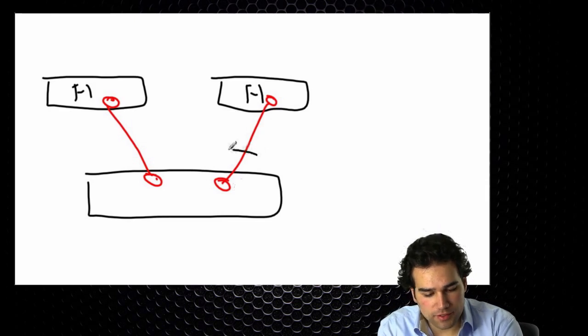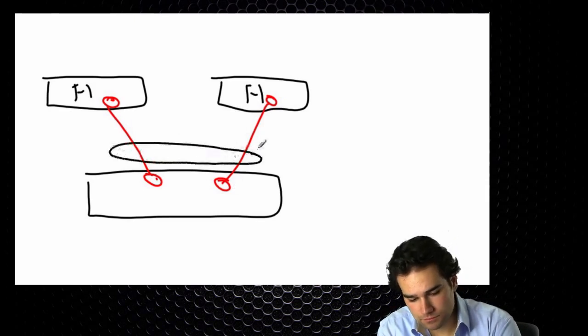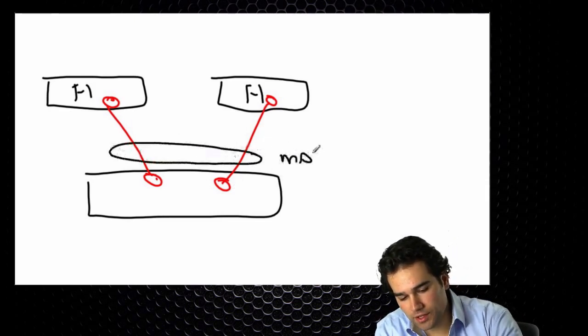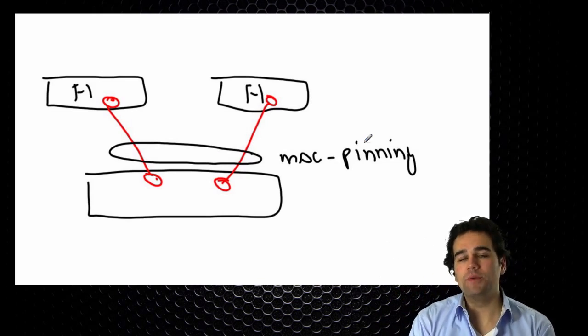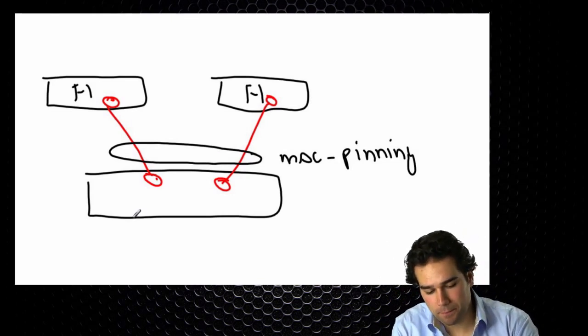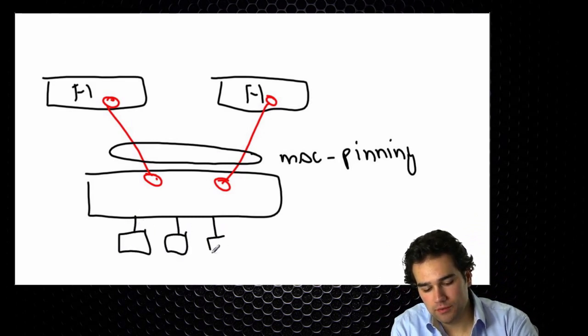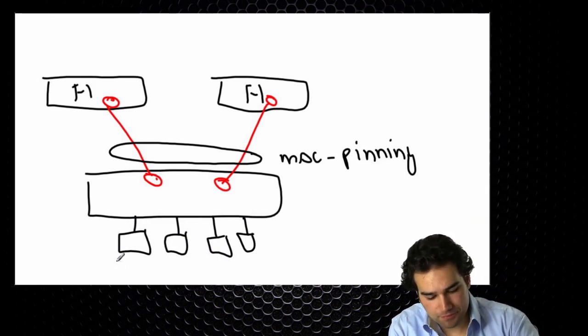What you can do is port channel them together based on the concept of MAC address pinning. So it's not flow-based load balancing, but it will be VM-based load balancing. So again, another layer of port pinning in my network. If we didn't have enough layers of port pinning in between this path, right?